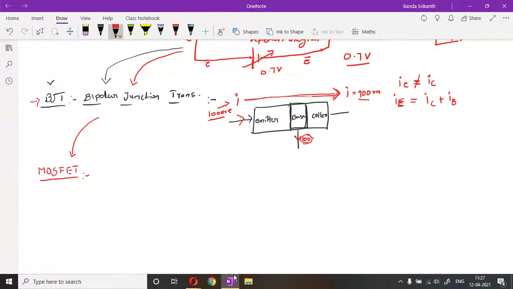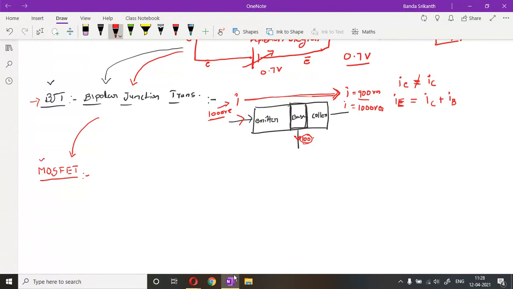If you give 100,000 rupees and you get 1000 rupees, then it is good. We have to minimize the flow of current into the base. That is the reason the MOSFET was introduced.